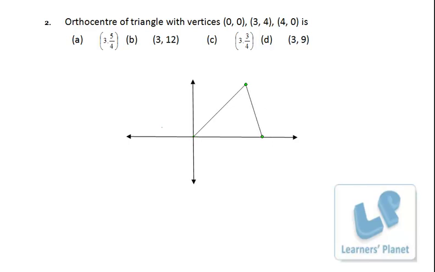Okay, then we have one altitude from this vertex, that is the altitude. Okay, and one more altitude I just draw from this vertex, so that is this.